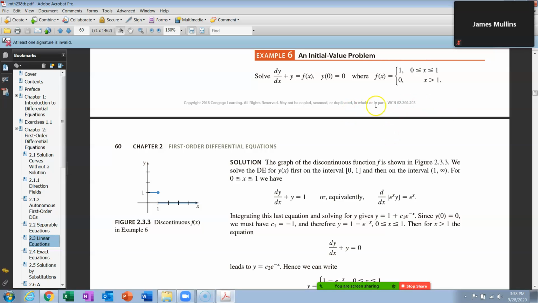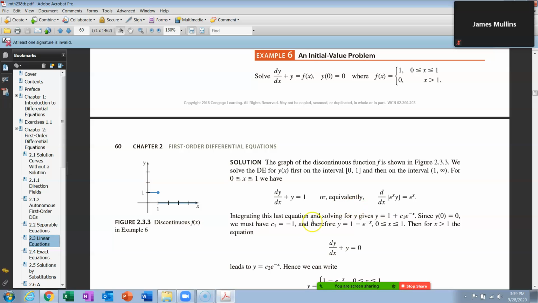All right. Let's see. The graph is a discontinuous function here. F of x is 1 from 0 to 1 and then 0 everywhere else. Okay, that's your f. We solve that differential equation first on the interval 0 to 1 and then on 1 to infinity. For 0 to 1 we have this, or equivalently this is exactly what we had.